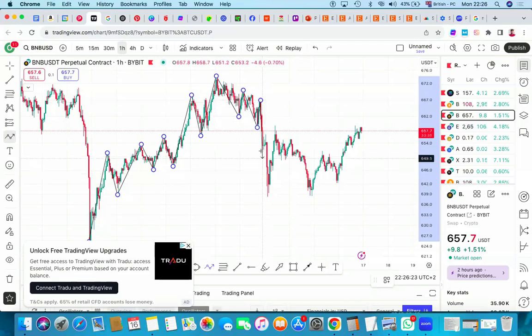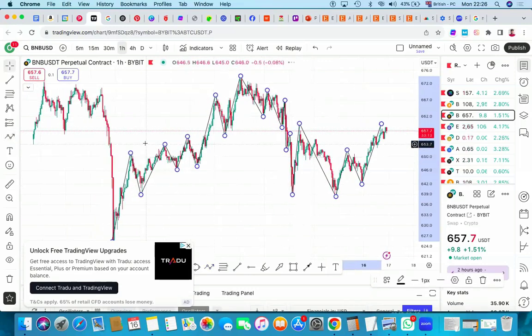So we had a change of character, and then all of a sudden the market dropped. So now we can see the market broke structure, and continues to break structure to the downside in our hourly time frame. We can also see that it changed character recently.